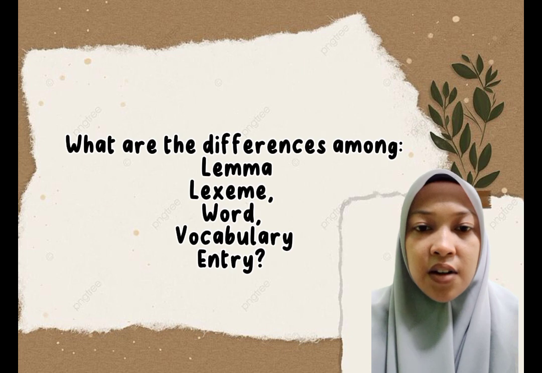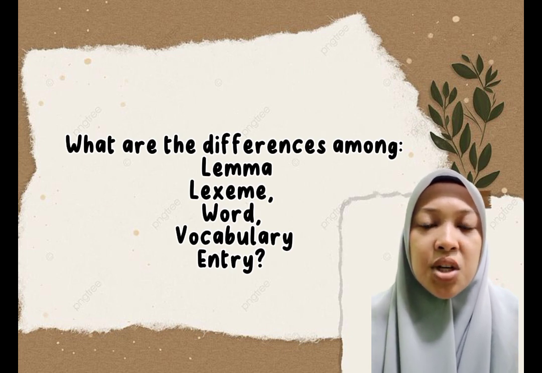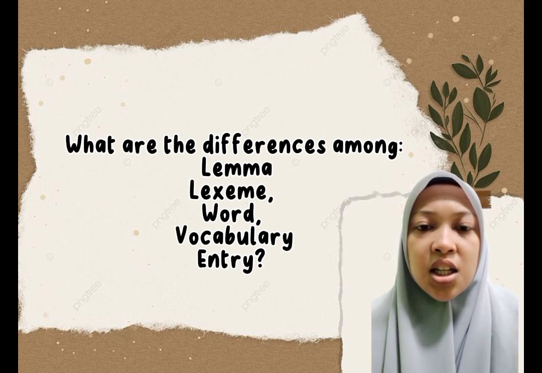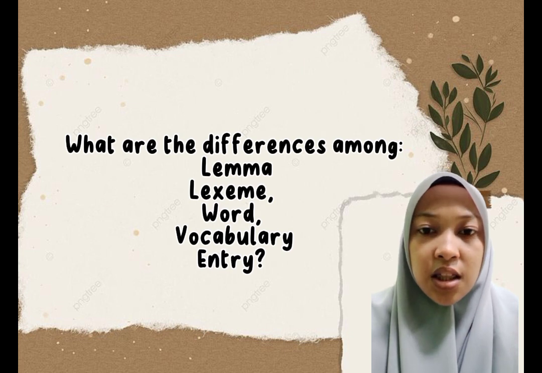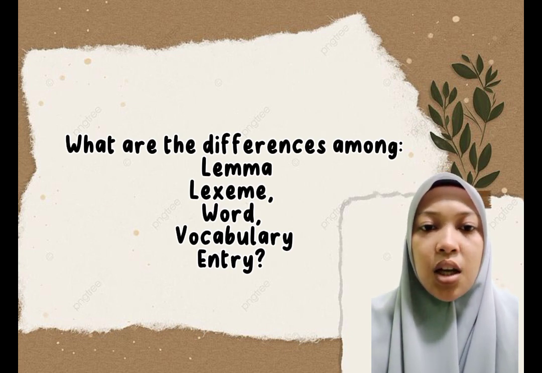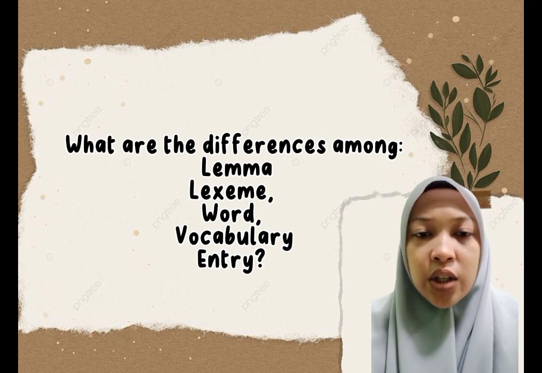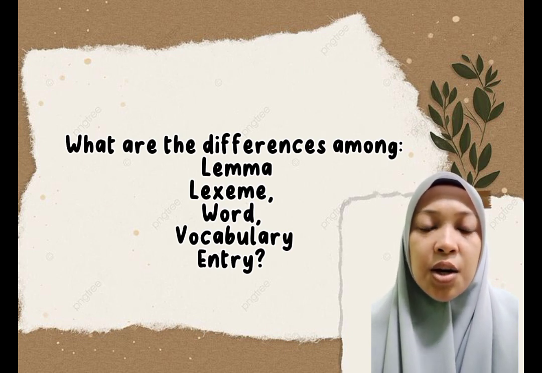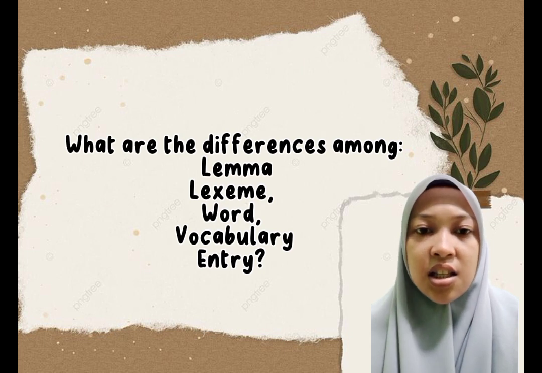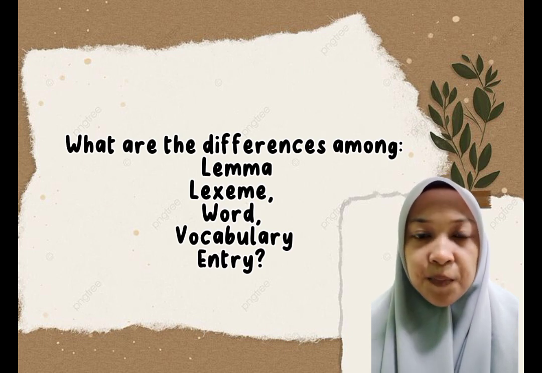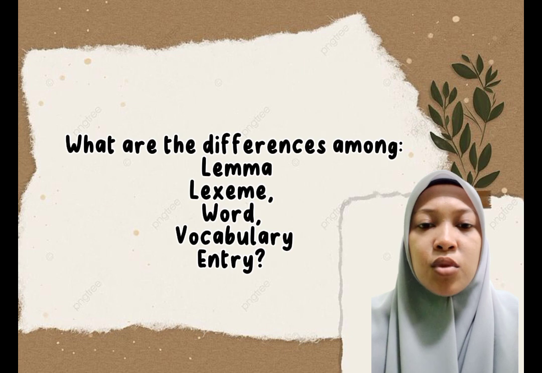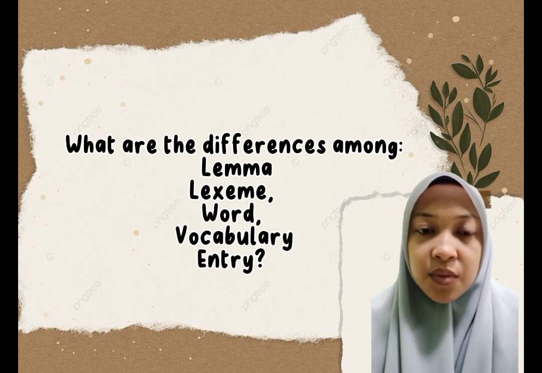It serves as the main representation in dictionaries or linguistic databases. Lexeme is a lexical unit in a language that represents a single meaning or concept. A lexeme can have multiple forms or lemmas associated with it.